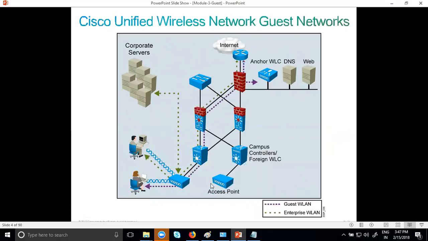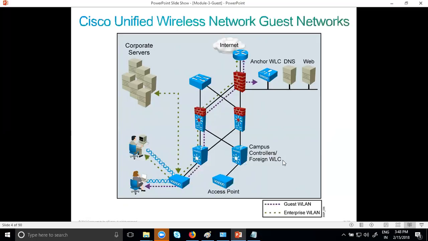All the access points on this network are broadcasting the same SSID. But suppose an enterprise user connects to the SSID, then the same controller will process that SSID for internet communication. That is called a foreign controller.